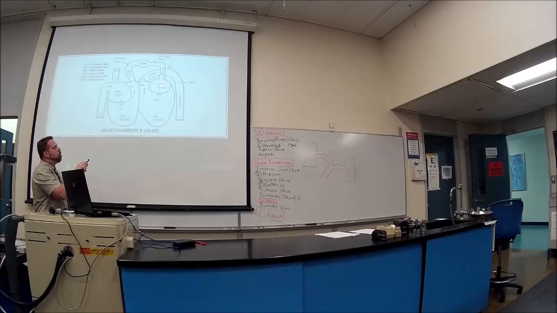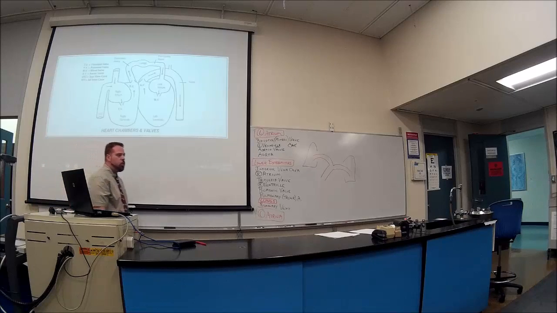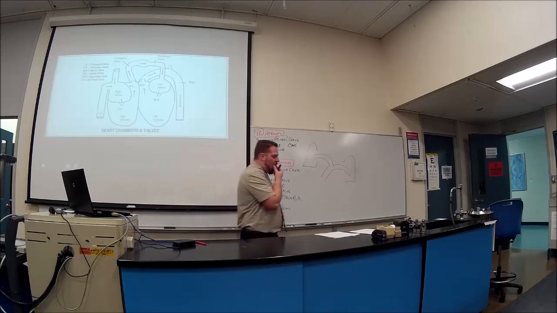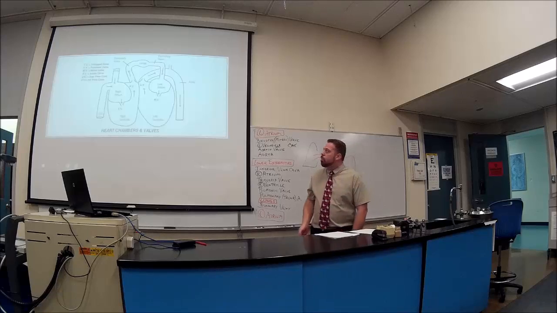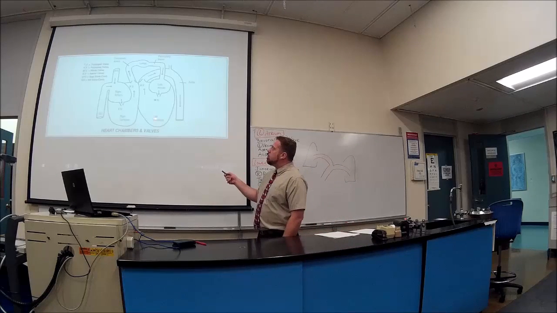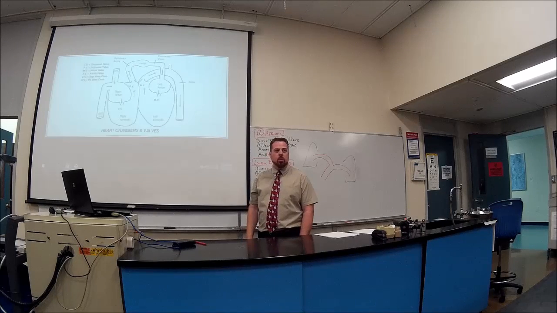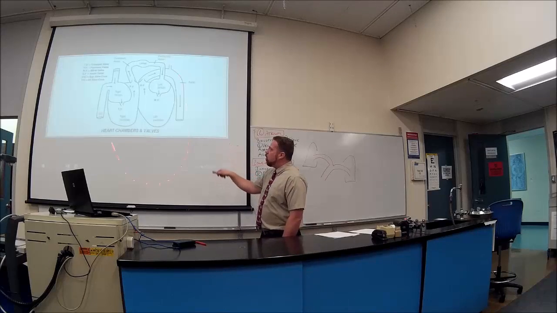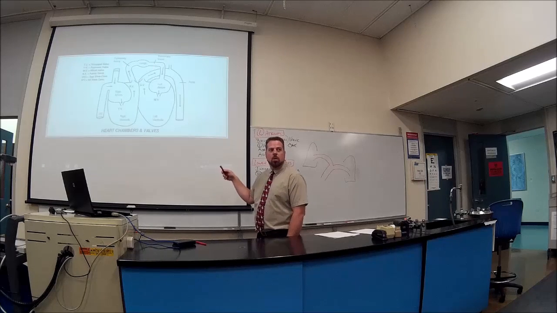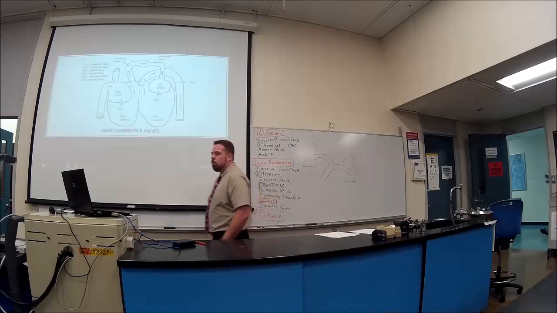The left atrium pumps its oxygenated blood into the left ventricle, but it passes through another valve, the mitral or bicuspid valve. And then the left ventricle is going to pump it to the aorta, but it has to pass through another valve, the aortic valve. And that cycle repeats and repeats and repeats. Okay?